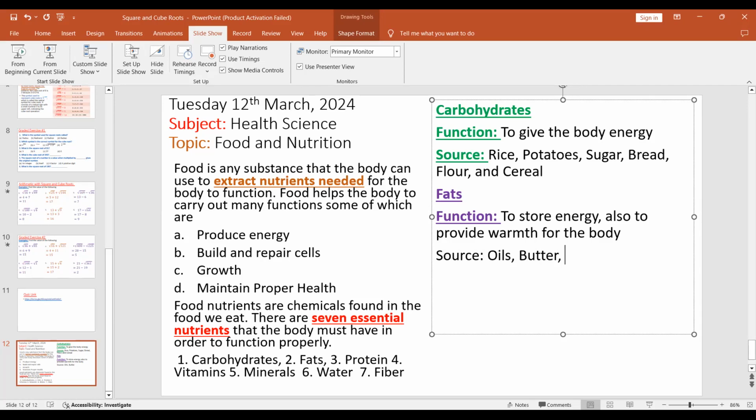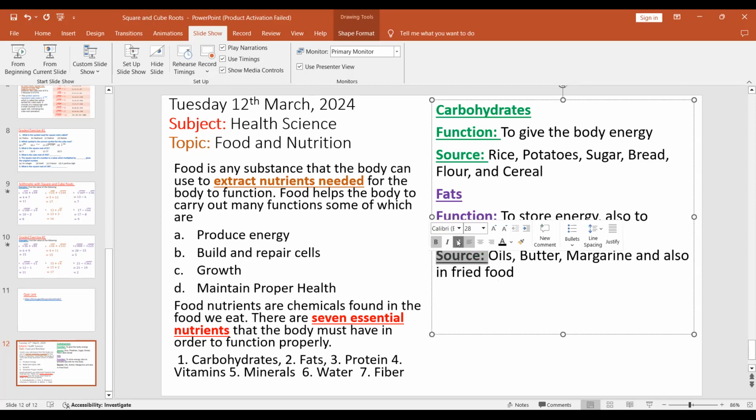We can find it in margarine, right? And so on. They can also be found in fried foods as well, because they use oils, right? Okay, good.